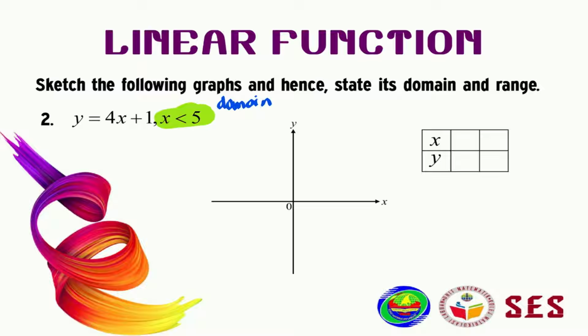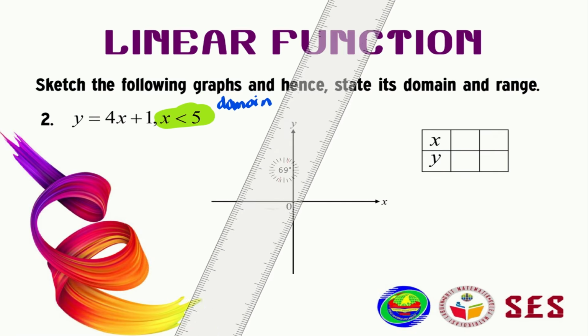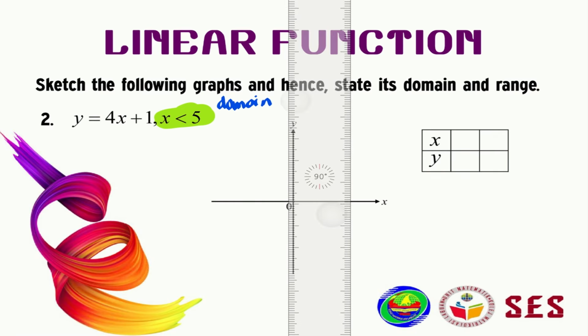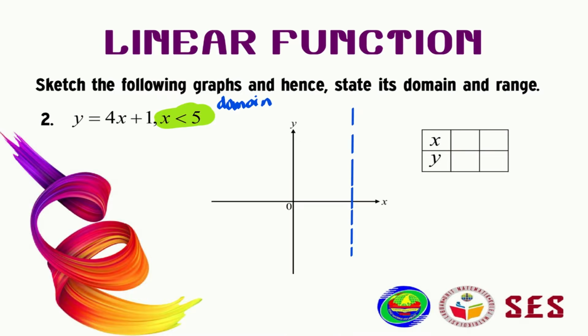I'm going to make a dotted line here. Our graph will not exceed x equals 5, so this is x equals 5. Our graph cannot proceed into this area, which is x greater than 5.